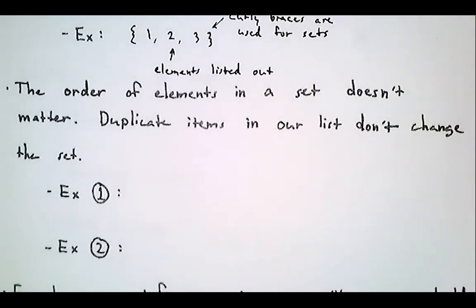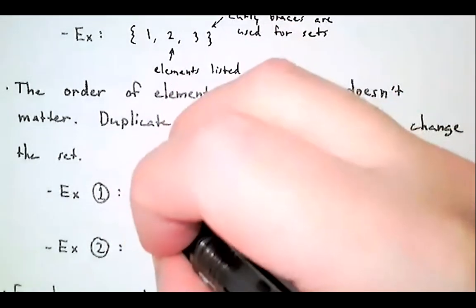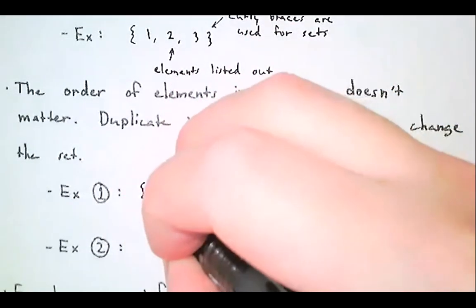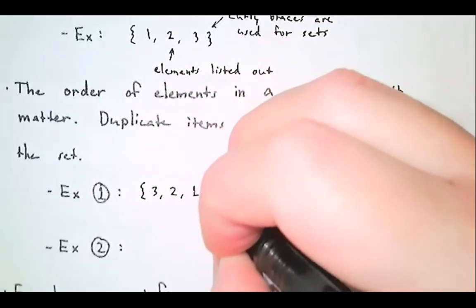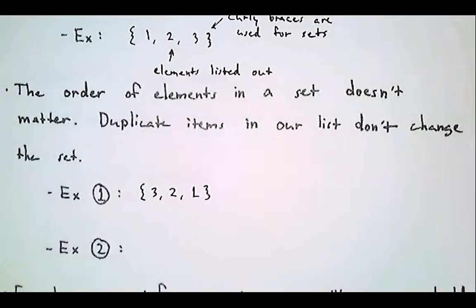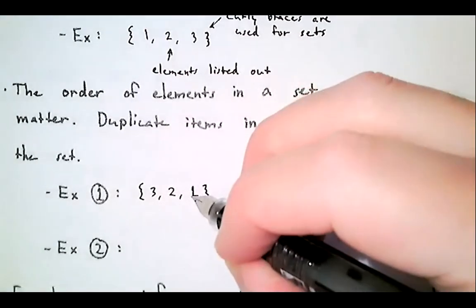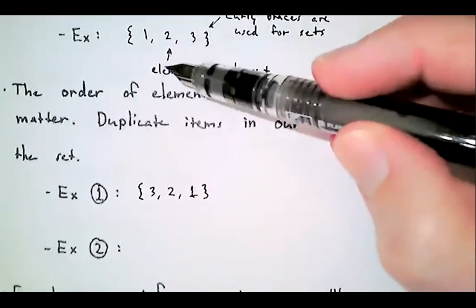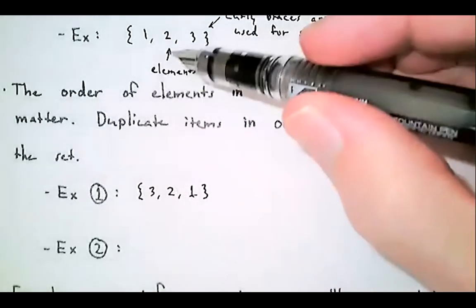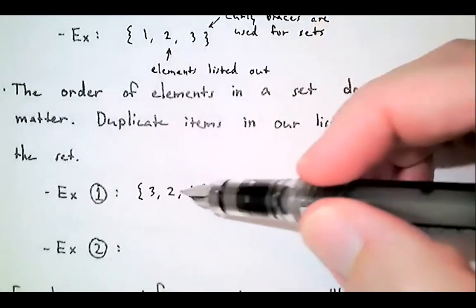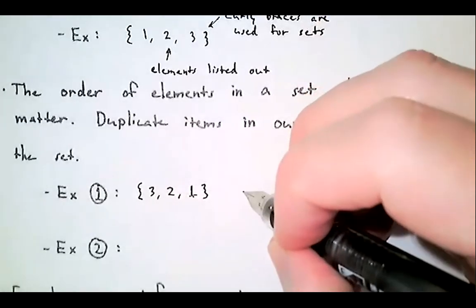It doesn't matter what order you put them in, it's still the same collection. So if I take this set, 3, 2, 1, it has exactly the same elements as this first set that we talked about a minute ago. So it's actually the same set, even though the elements are written in a different order.